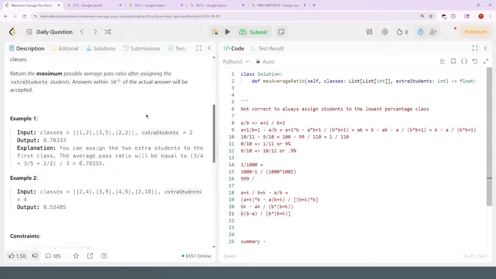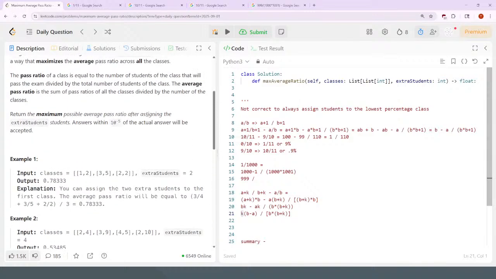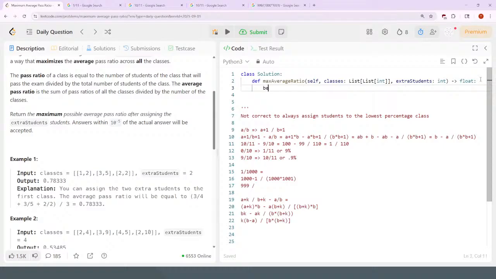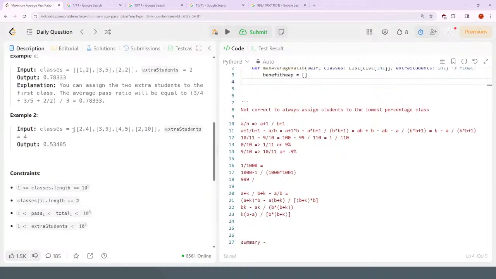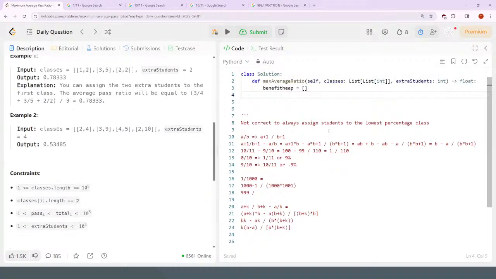Benefit heap. This could be empty. And how many classes am I dealing with here? 10 to the 5th probably, okay.